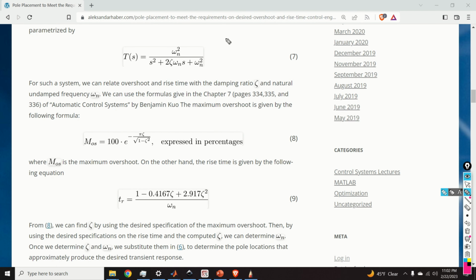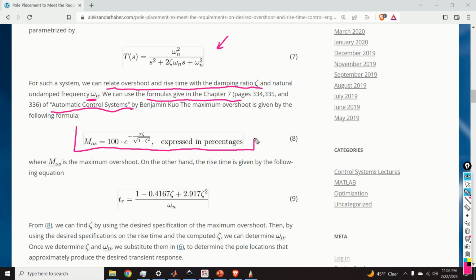For the generic transfer function given by the equation 7, we can relate the overshoot and rise time with the damping ratio zeta and natural undamped frequency omega n. We can use the formulas given in chapter 7 of this famous book, Automatic Control Systems by Benjamin Kuo. The formula for the overshoot is given over here.